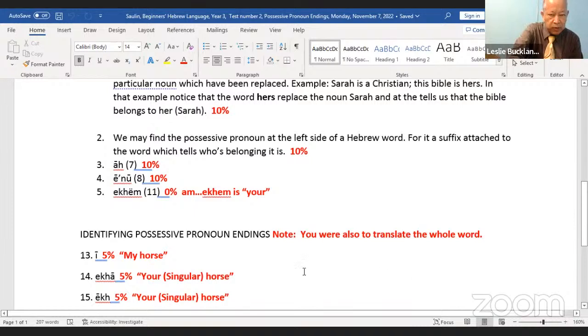So in all cases, you got full marks for identifying the possessive pronoun endings. And I suppose the title that you put here caused you to focus on identifying the possessive pronoun endings. Maybe if you had gone on to write the whole word, you would have translated it.